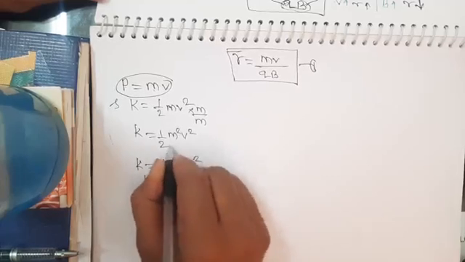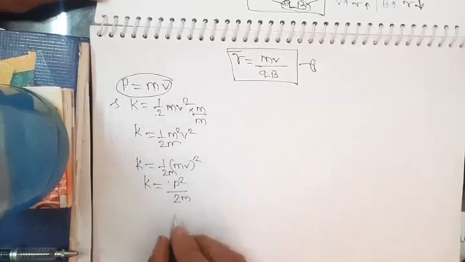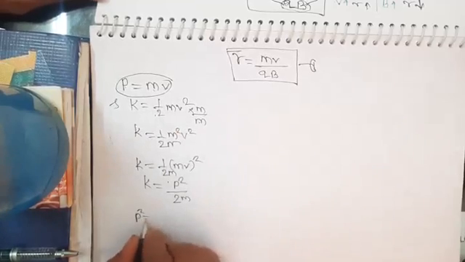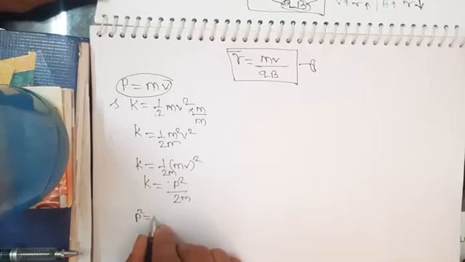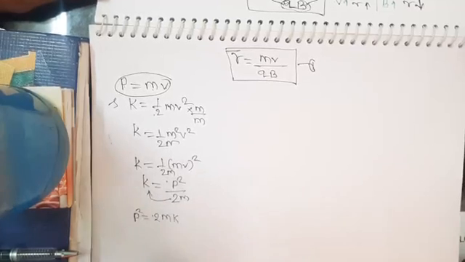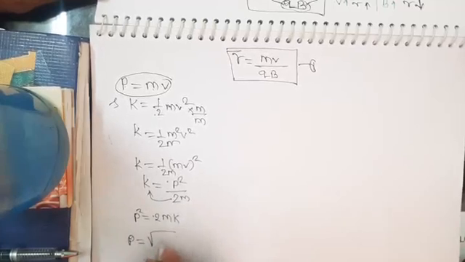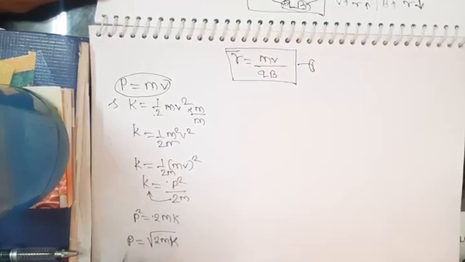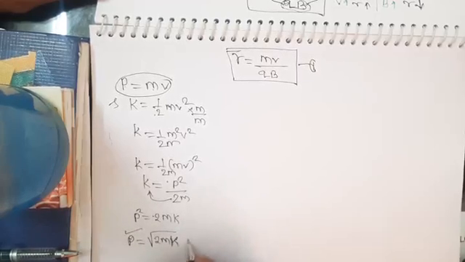Therefore p square is equal to 2mK, K shifted to this side. Therefore p is equal to under root of 2mK. This is the relation between the linear momentum and the kinetic energy.